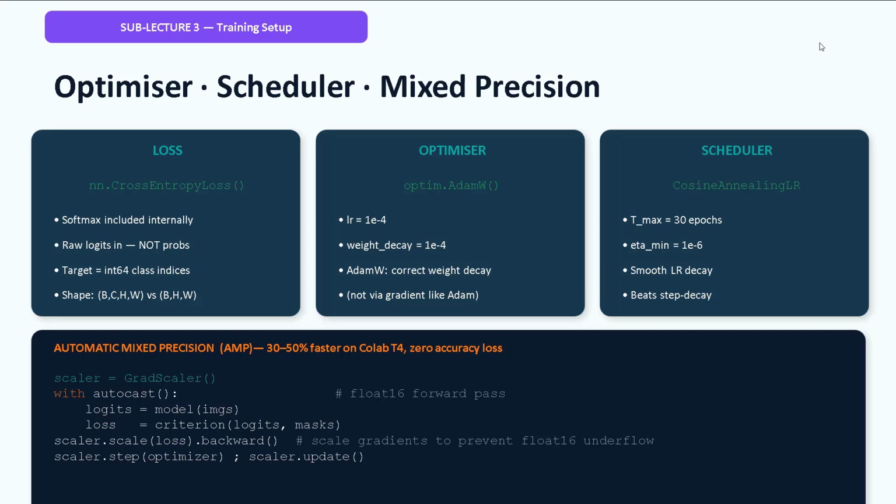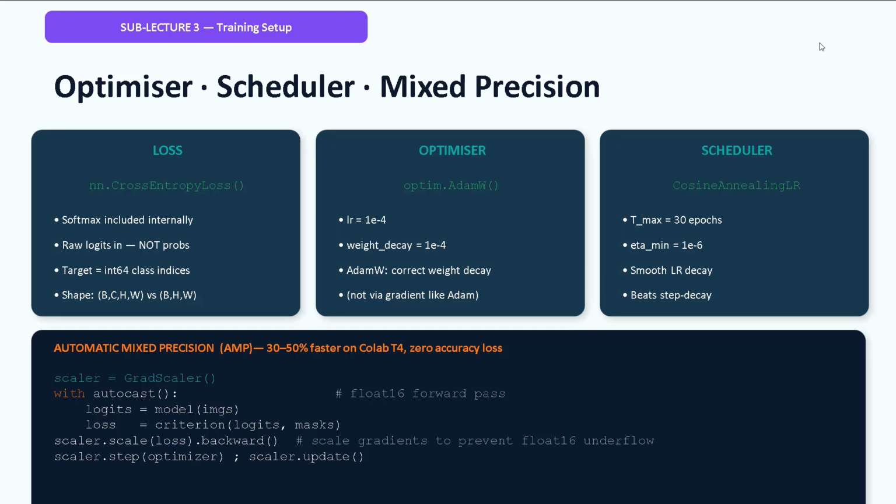Which tends to generalize better. Cosine annealing LR for the scheduler. Instead of dropping the learning rate in discrete steps, it follows a smooth cosine curve down to a minimum. This tends to work well in practice and is a strong, popular default.